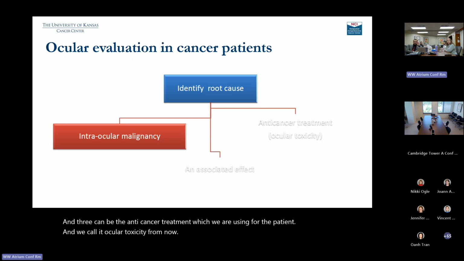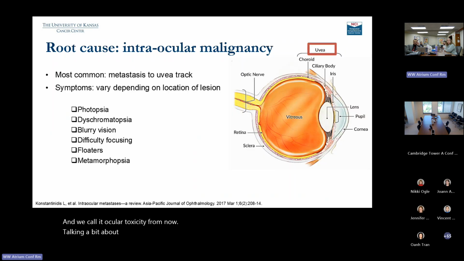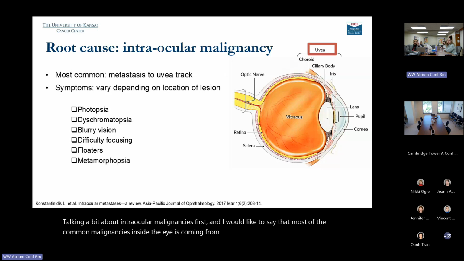Talking a bit about intraocular malignancies first, most of the common malignancies inside the eye come from metastasis. Besides the metastasis of the malignancies, which we can see in orbit, in optic nerve, and in places like retina, the most common metastasis involves the uvea tract.